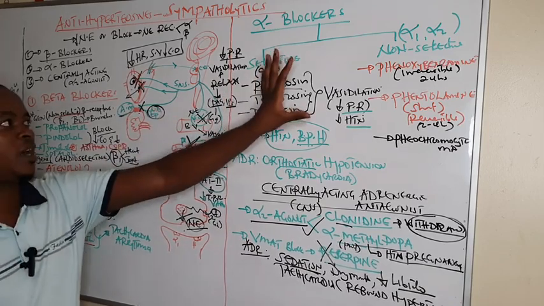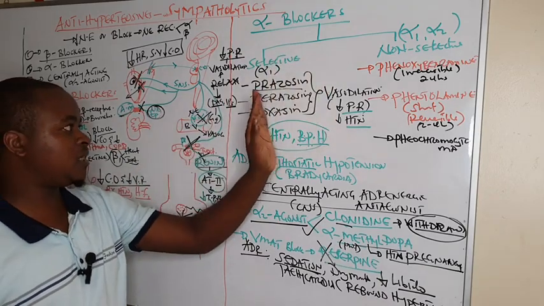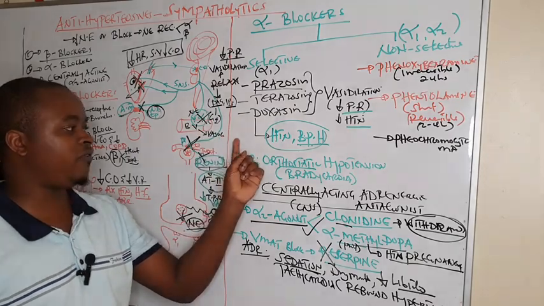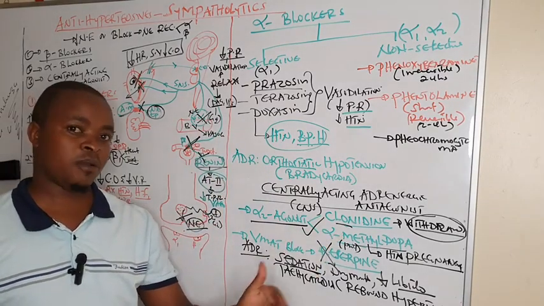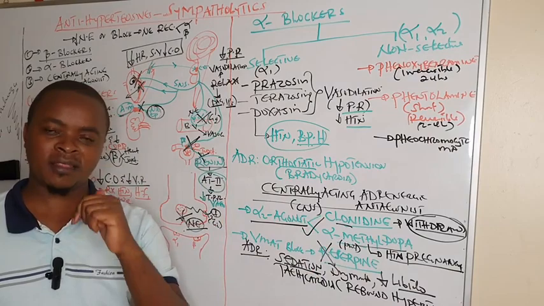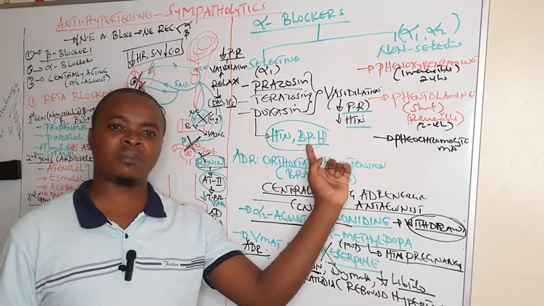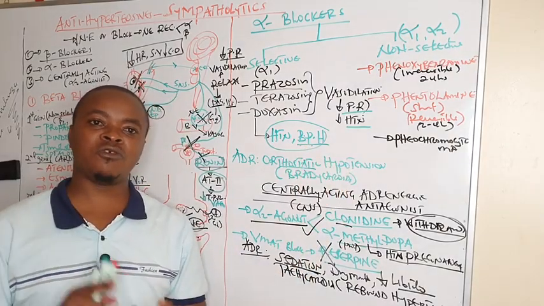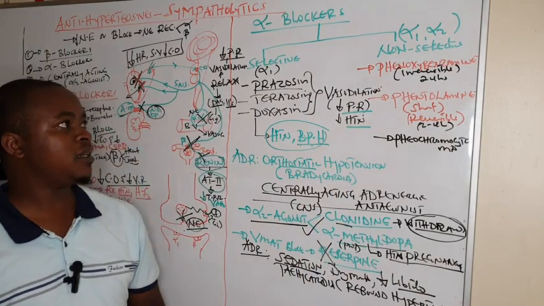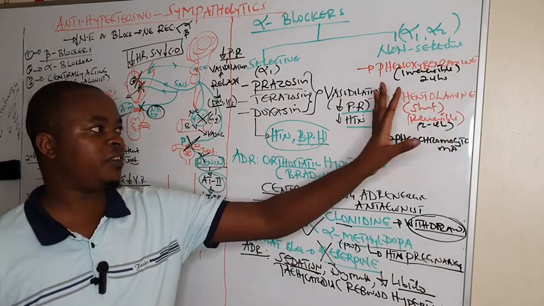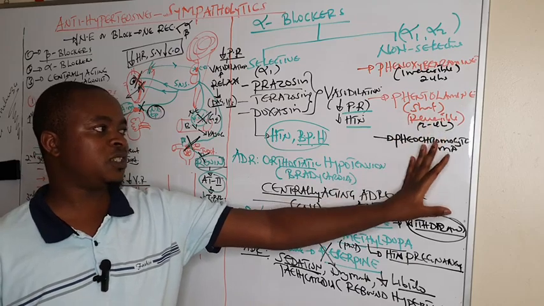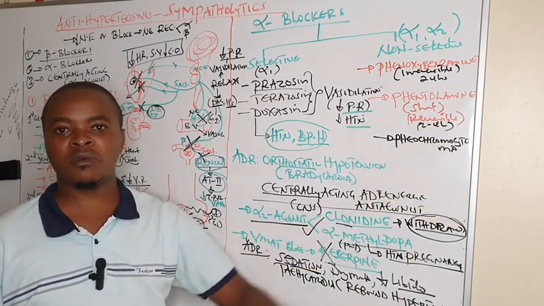Then under alpha blockers, we have seen prazosin and terazosin, whose major effect is orthostatic hypotension. But why are they preferred? They additionally reduce benign prostatic hyperplasia, and at the same time they do not cause hyperlipidemia. Then phenoxybenzamine and phentolamine are used for treatment of pheochromocytoma.